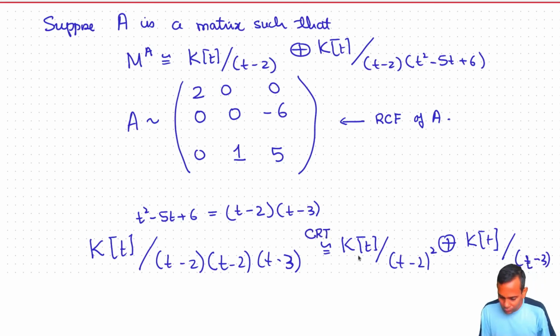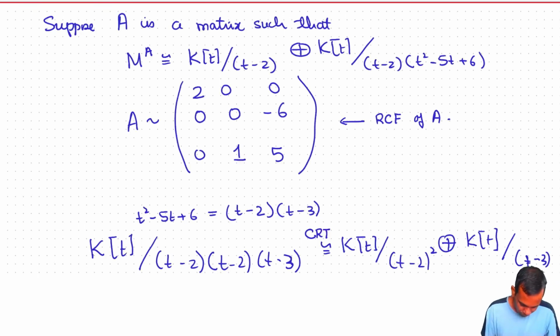And now we'll just collect all the parts with the t minus 2 factor together and keep the t minus 3 factors separately. So what we get is that MA is isomorphic to kt mod t minus 2, and from here we have another kt mod t minus 2 squared.